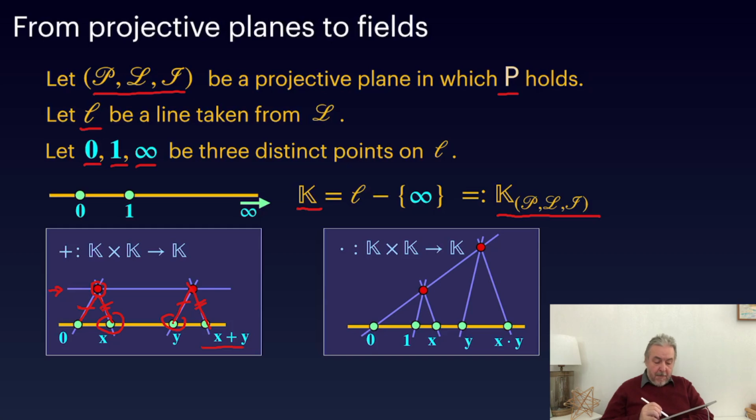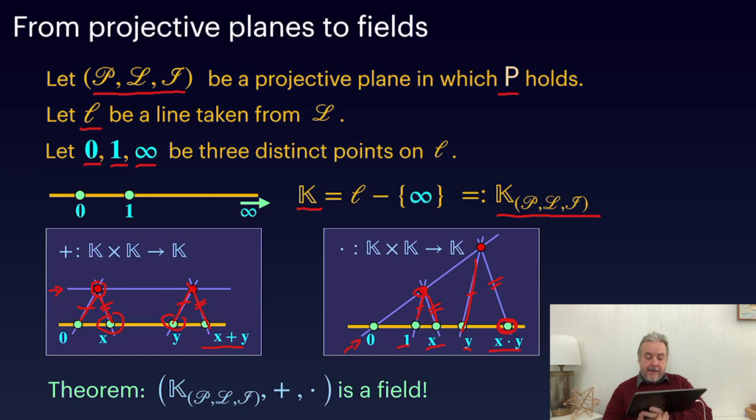Similarly, for multiplication, I single out one special line through 0 here. I take an arbitrary point here, and if you give me x and y, and you already know where the 1 is, I do the following construction, draw these two lines, make this parallel here, and draw the parallel here, and where this line here intersects the yellow line, I get my point x times y.